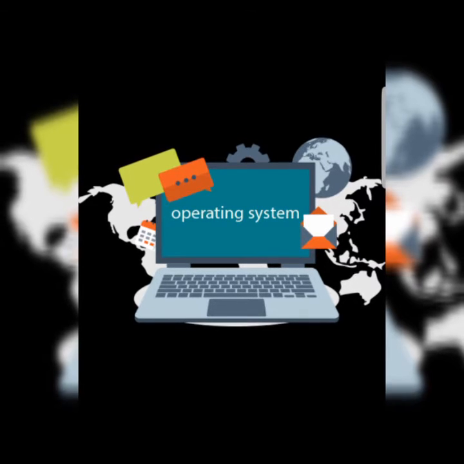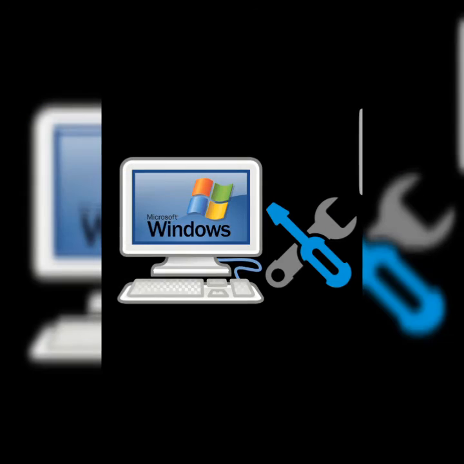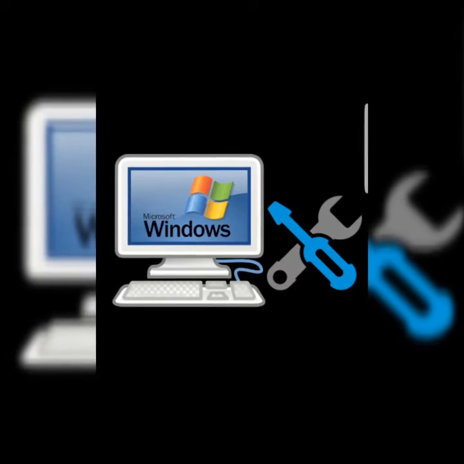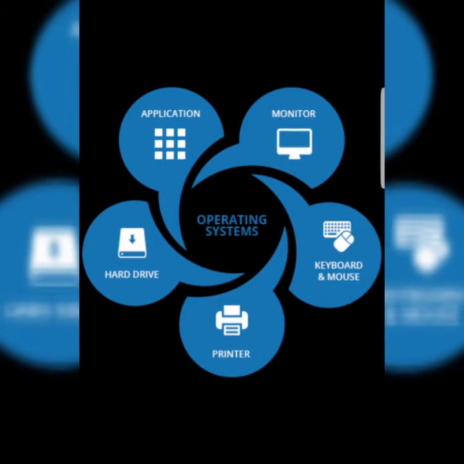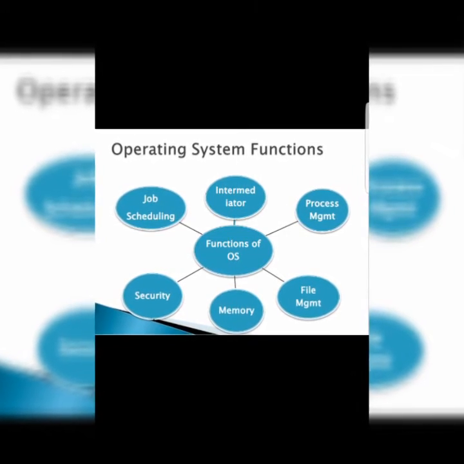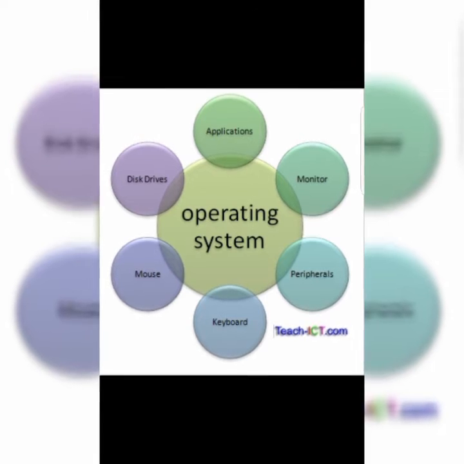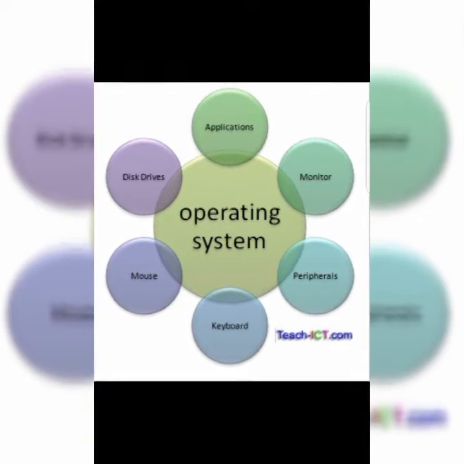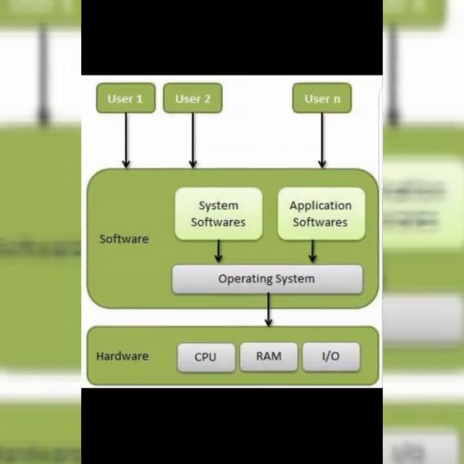First of all, we'll go through communication management. The operating system manages the communication needs of the system, be it a peripheral device or internet. They are addressed by the operating system.